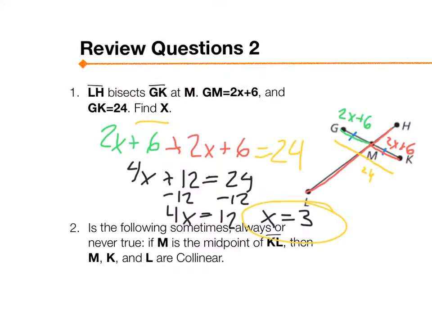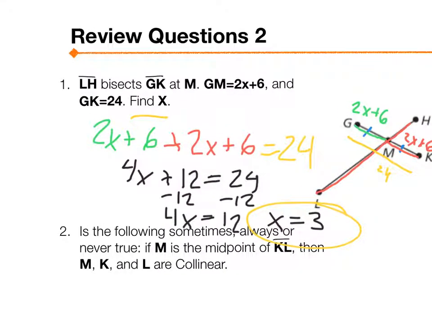Is the following sometimes, always, or never true? If M is the midpoint of KL, so let's draw it out. We have line KL, and M is the midpoint. Then M, K, and L are collinear.